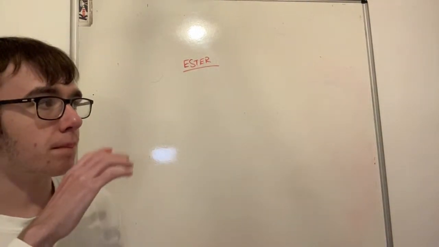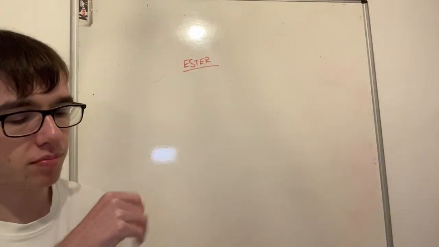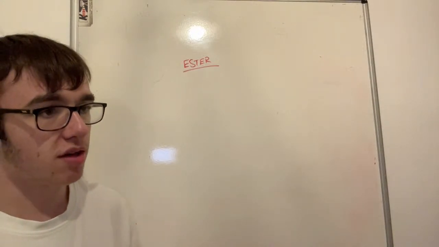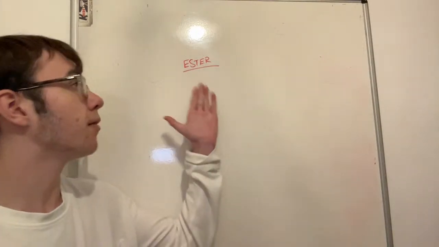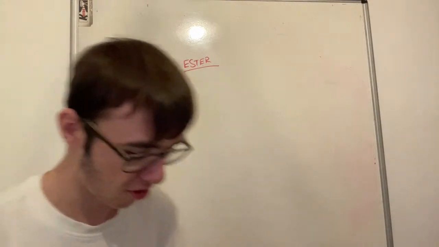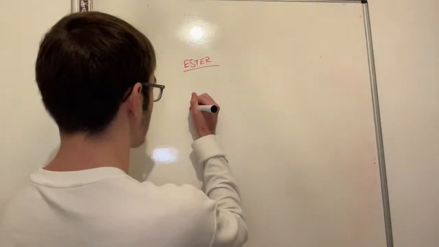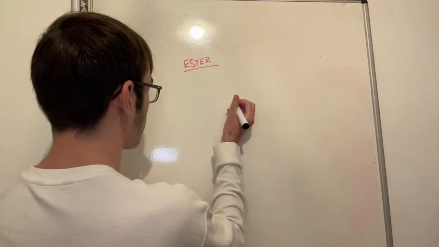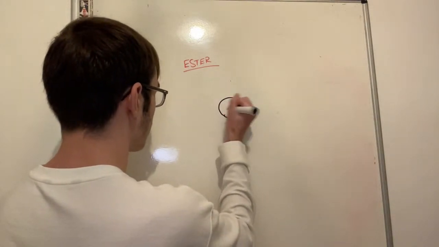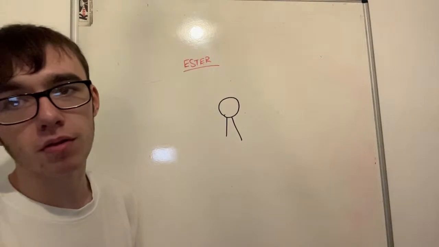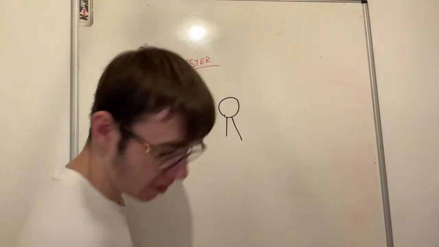In carbohydrates, the bond that joins them together is glycosidic bonds. The bonds are ester bonds in lipids.